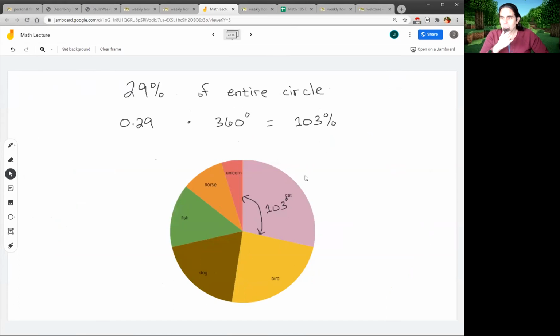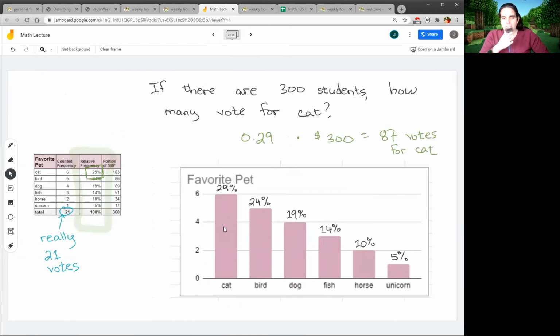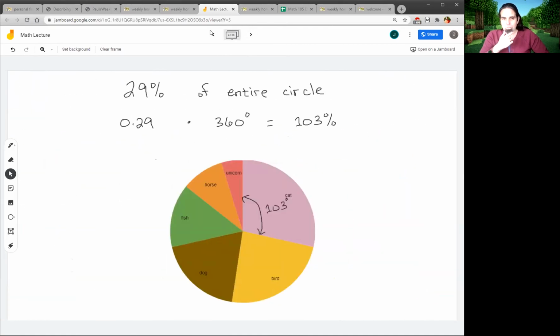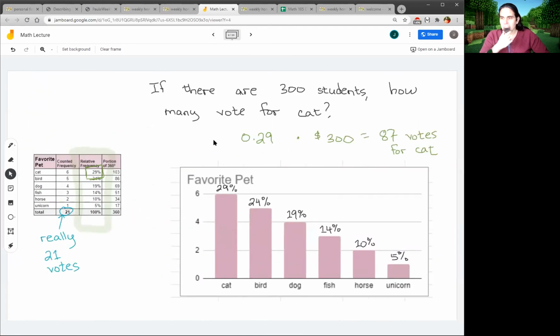I don't think anyone voted for pie charts for any of the surveys you made for each other. And in some ways, that's not surprising. This is a clear comparison. We're not used to thinking about angles as much as we are heights.